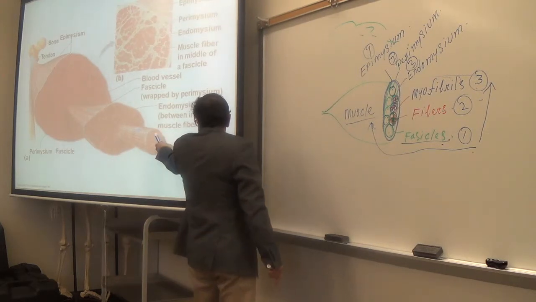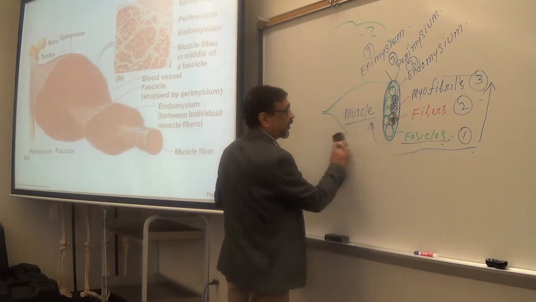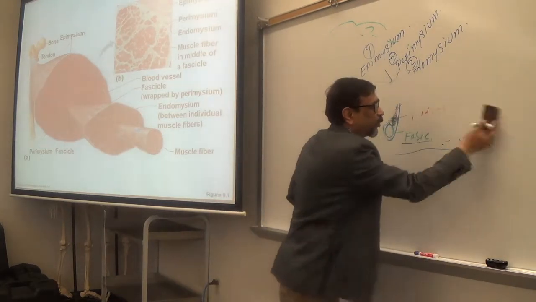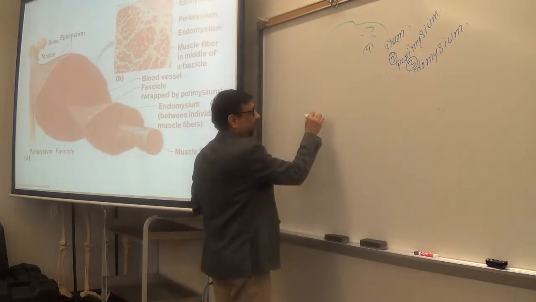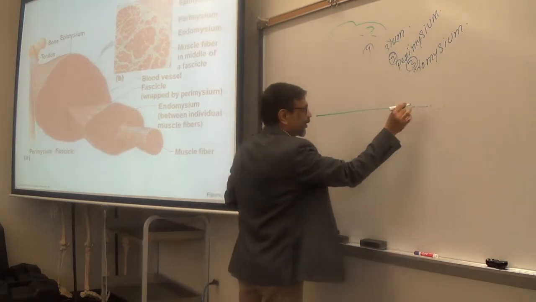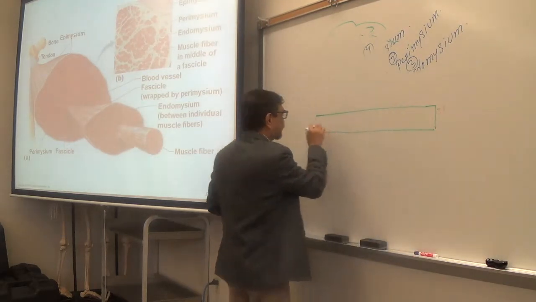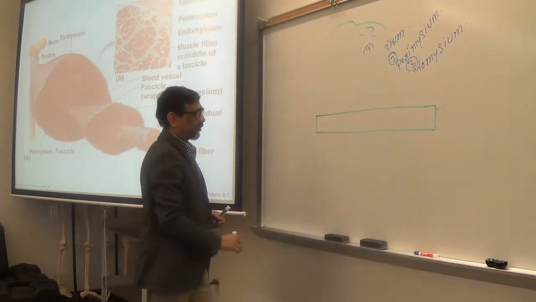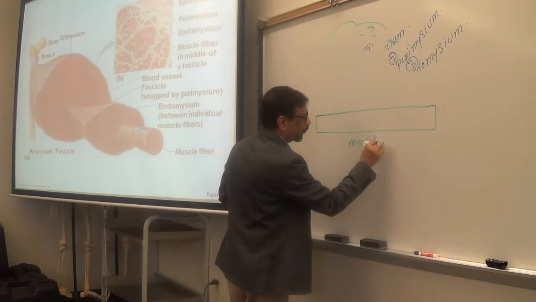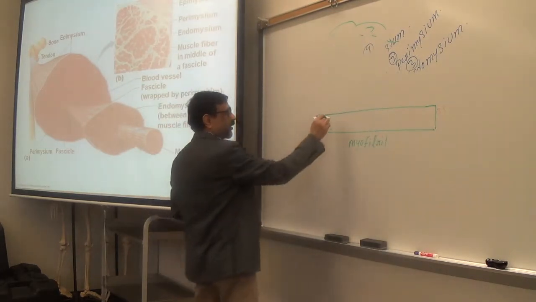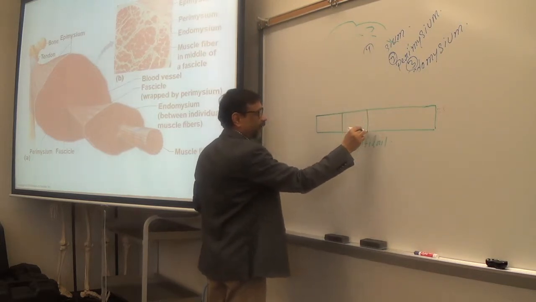Now if I take one myofibril out from here, how does it look under the microscope? You need a very powerful microscope to see that. So this is one myofibril, one thin rod-like filament. Interestingly, what we see inside the myofibril is the same thing repeated like this.